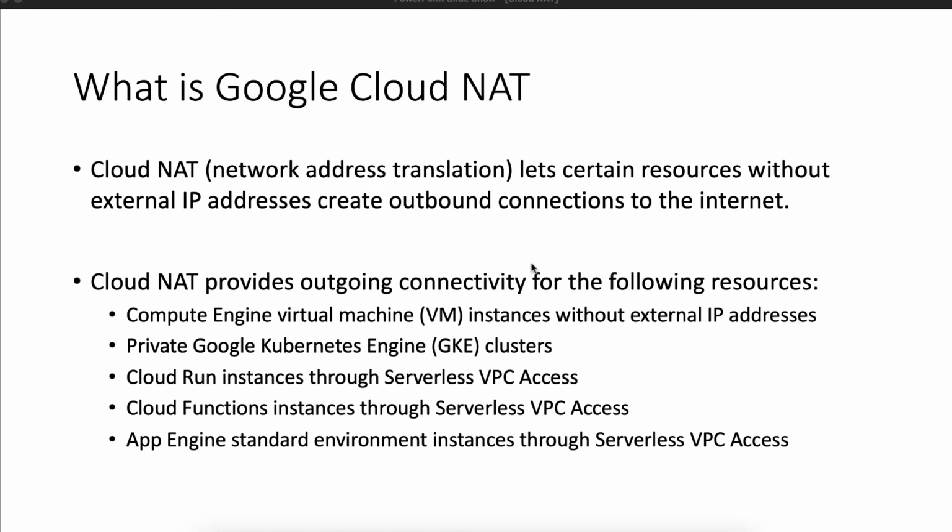Without the public IP, you cannot reach the internet. So when you deploy a virtual machine, or your Kubernetes cluster, and if all the nodes do not have a public IP address, and you try to reach the internet from those resources, it will fail. You can't do that.